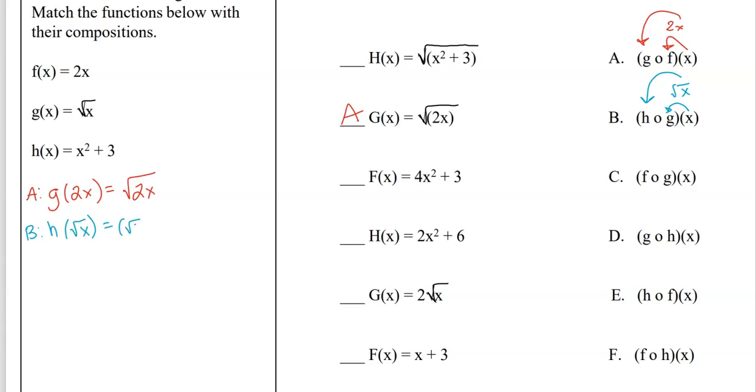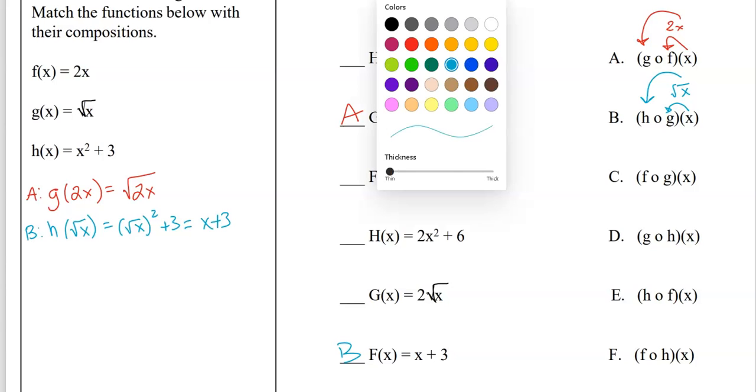So now it's the square root of x squared plus 3. Well, what is the square root of x squared? X. So this just becomes x plus 3. Do we see that somewhere? Yeah, down here. One more together? Okay. Good job.